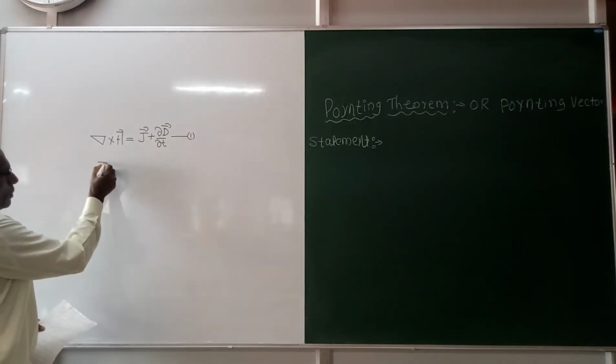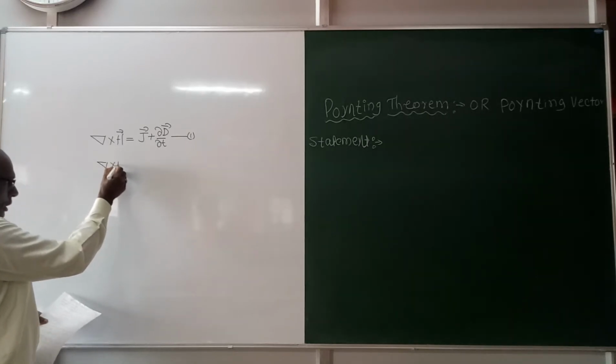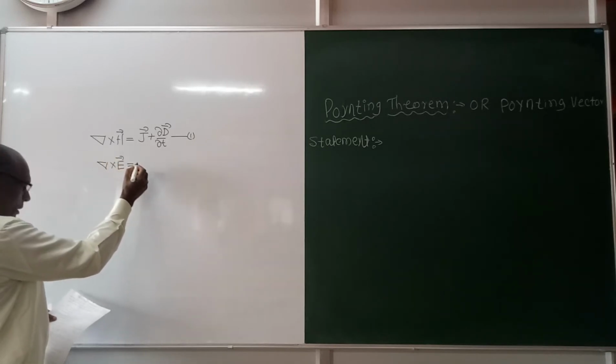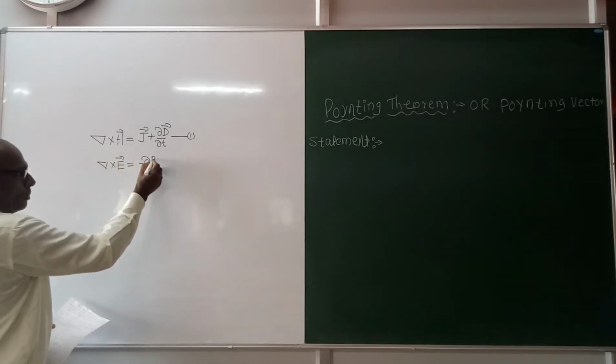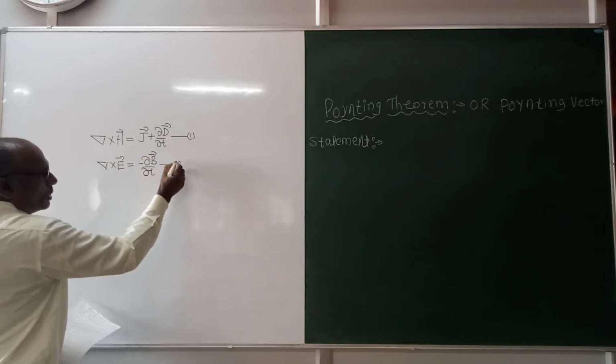Let us consider equation number 3, that is del cross E equal to minus dou B by dou t. I will call this equation number 2.